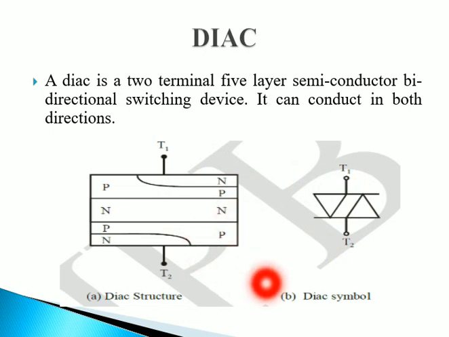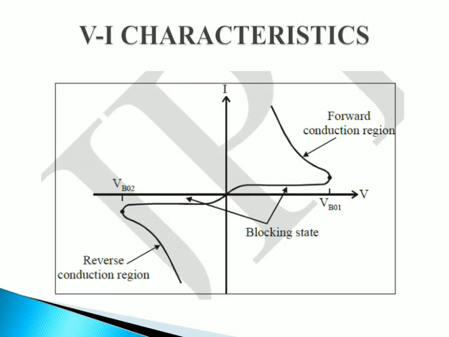Once it starts conducting, the current through the diac becomes large. That large current we don't want, so it has to be limited by connecting a resistance RL. At the same time, the voltage across the diac will decrease when it is in the conduction mode. This will be well explained with the help of the VI characteristic.